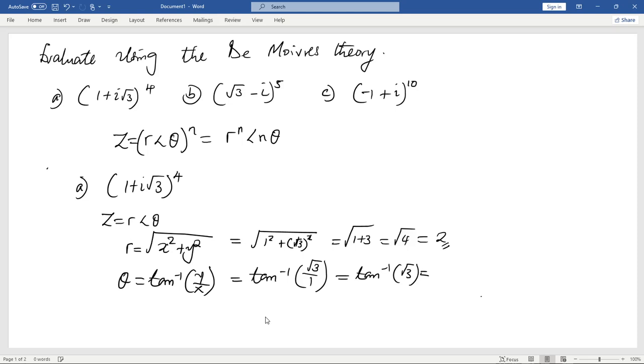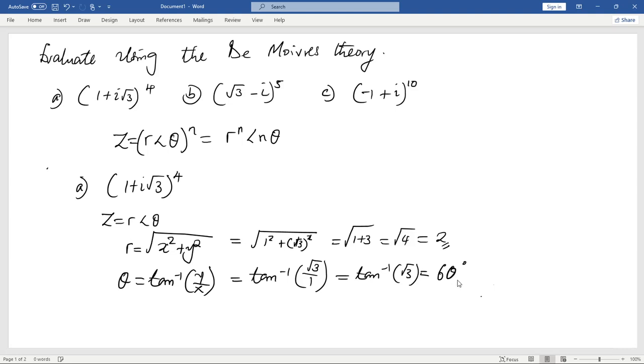So now, if we punch tan inverse of root 3, we're getting 60 degrees.